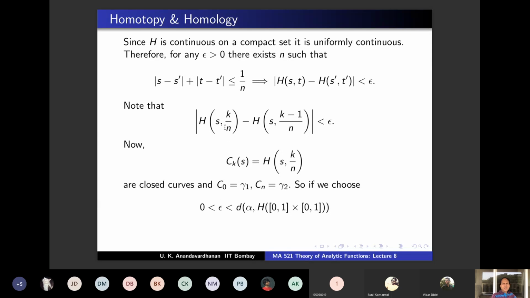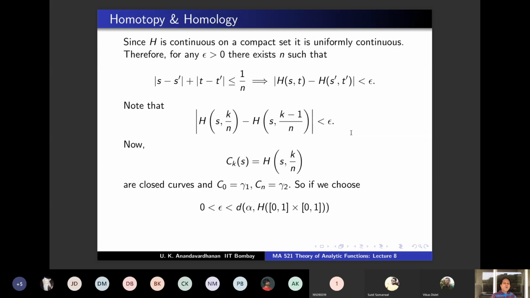So you are getting modulus of ck s minus ck minus 1 s strictly less than modulus of alpha minus ck minus 1 s in particular. So this was the condition of the lemma. If this is true, then the index of alpha with respect to ck and the index of alpha with respect to ck minus 1 coincide.